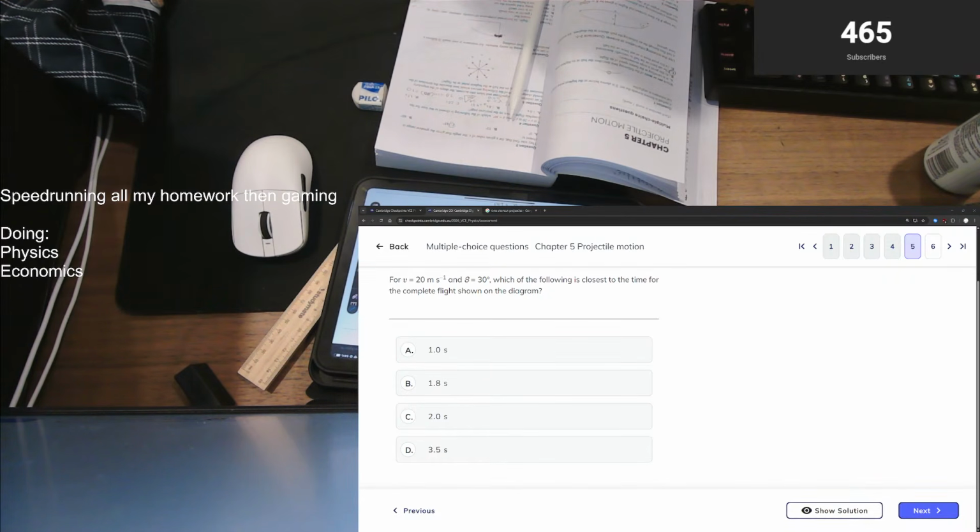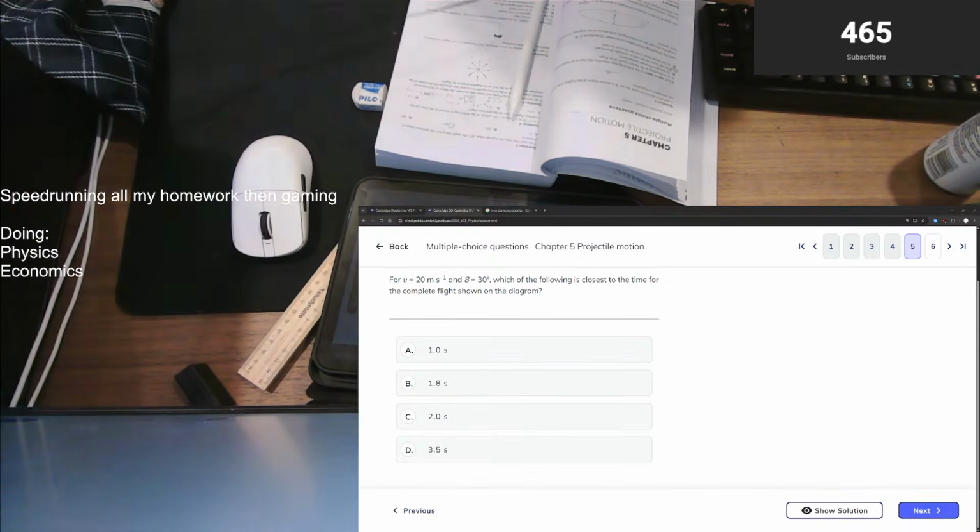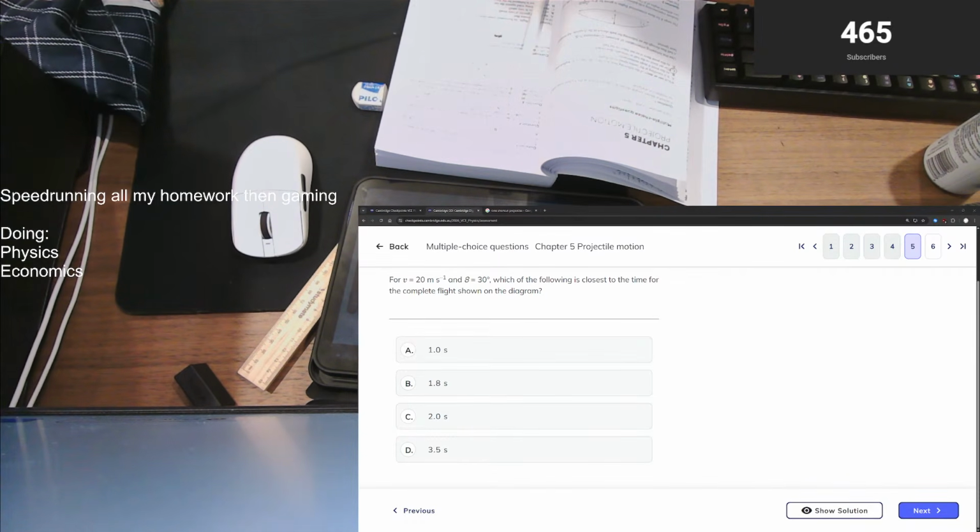Yeah, but don't we gotta break it into components? And 20 times sine 30 is 10. Oh, okay. No, because the vertical component is 10. V is the total velocity.